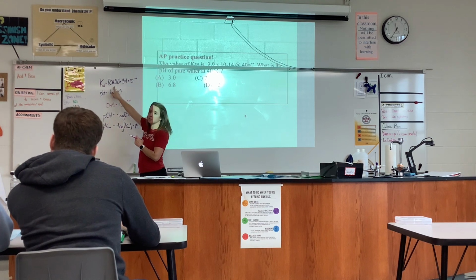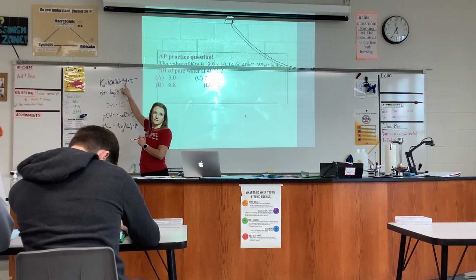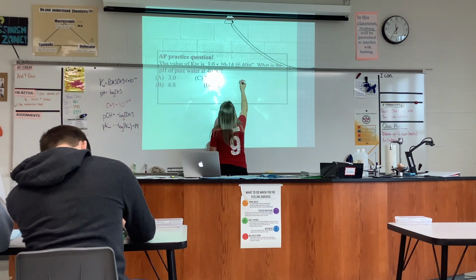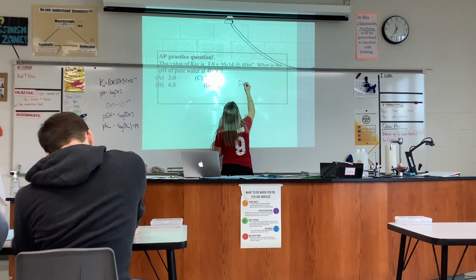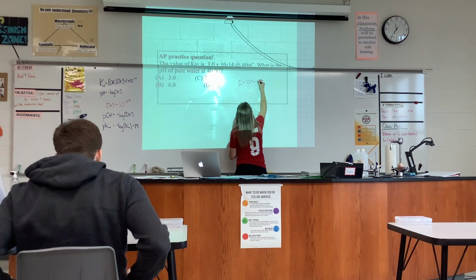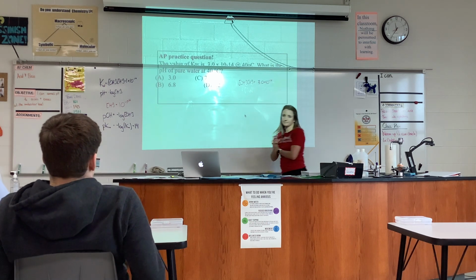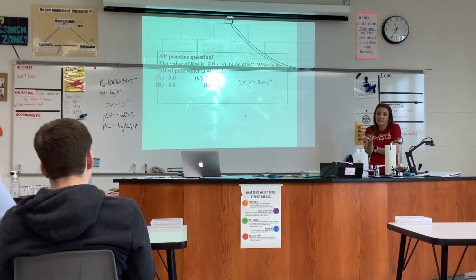But what KW equals has not. So we still know that OH minus and H plus are going to equal this 3.0 times 10 to the negative 14. Right, the value has changed, but it doesn't change the setup.